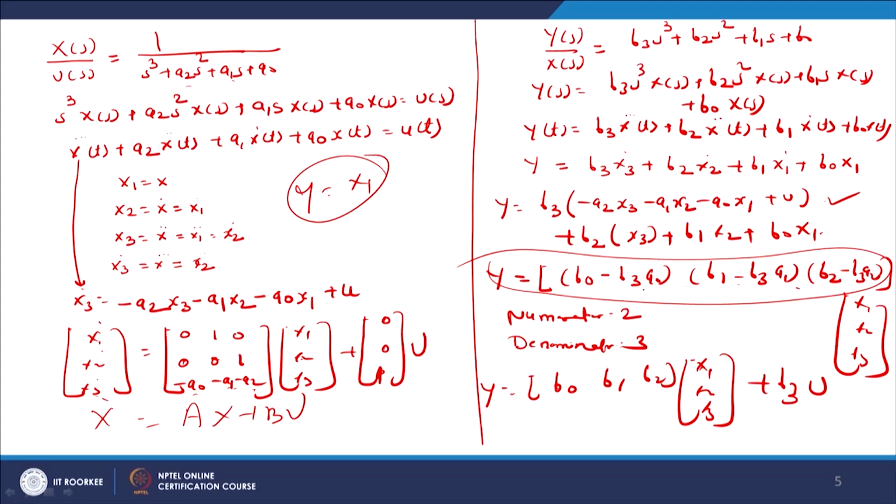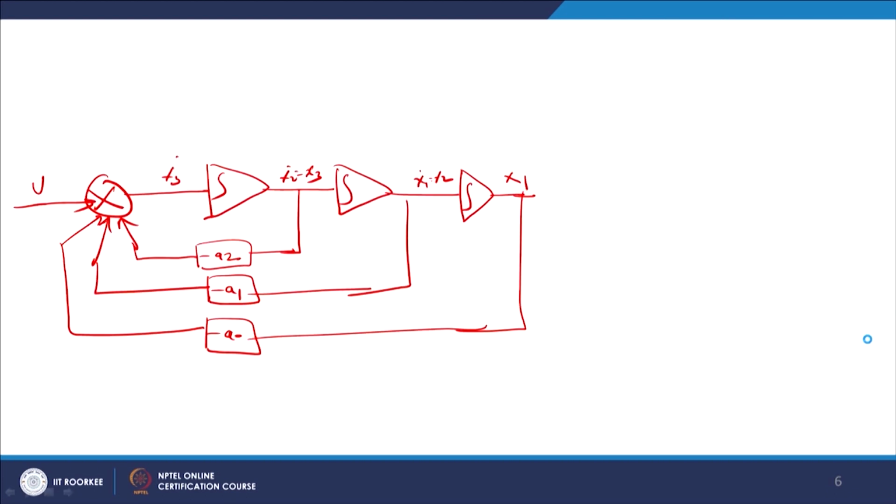So we have to write the output y, that is (b0 minus b3 a0) into x1, (b1 minus b3 a1) into x2, (b2 minus b3 a2) into x3 in this simulation diagram. I will write down the first part here for x1: b0 minus b3 into a0, and this is y.